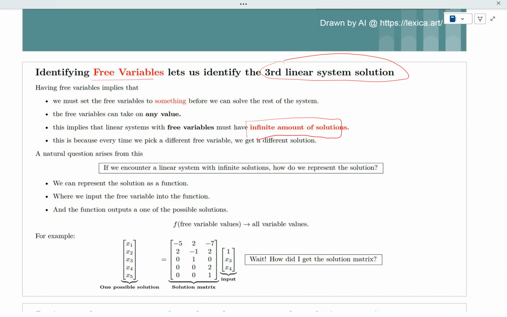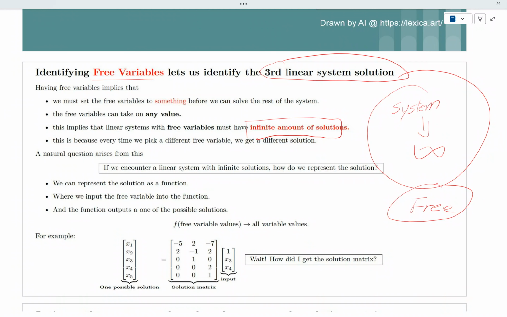The natural question arises: if you have a linear system with infinite solutions, how do you represent the solution? It depends on what you pick as the free variable. You pick one free variable, you get one solution. You pick another, you get another solution.